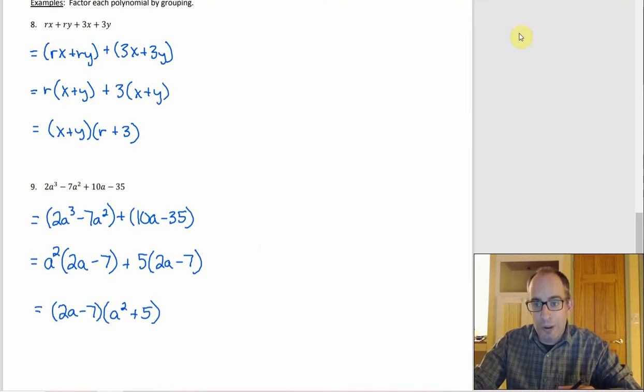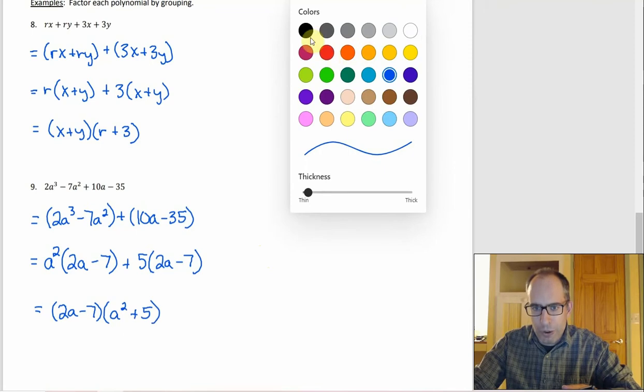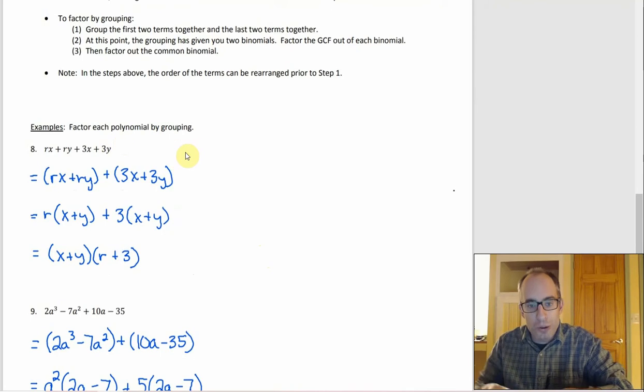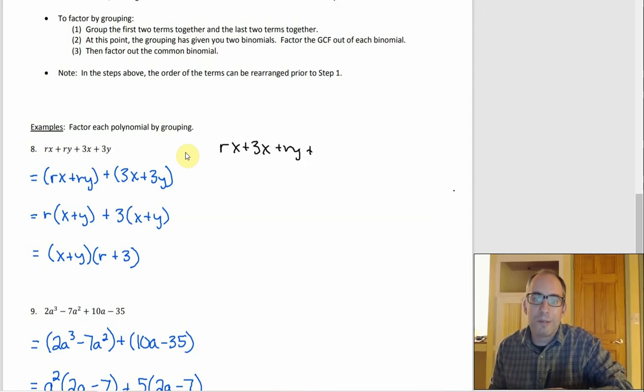Another thing I wanted to point out, like about the order. So just going back to what we have, I'll do it in black, like up here. You could do this one if it was Rx plus 3x plus ry plus 3y, right? It's the same terms, just in a different order. And that would still work, right?